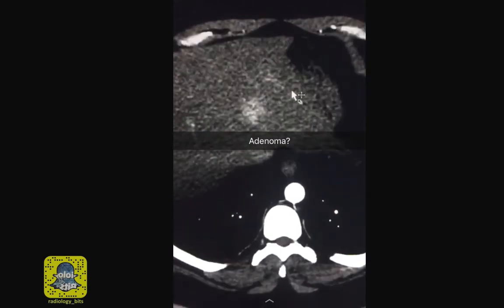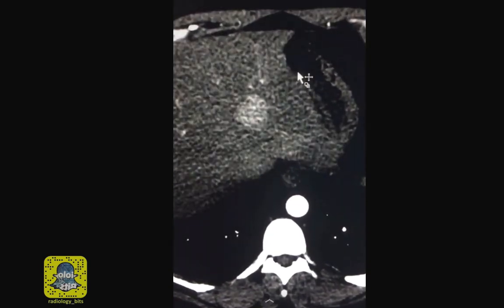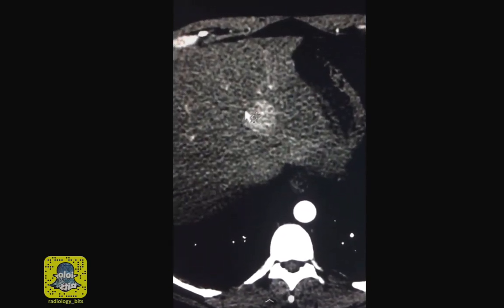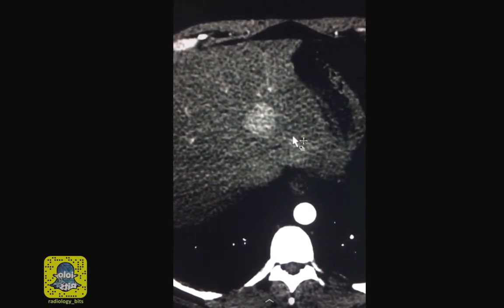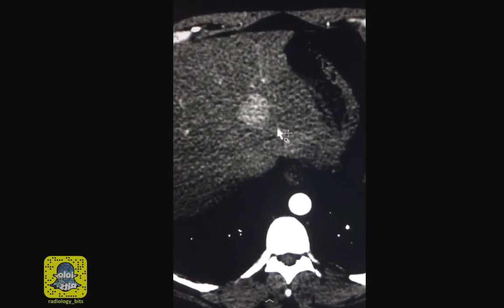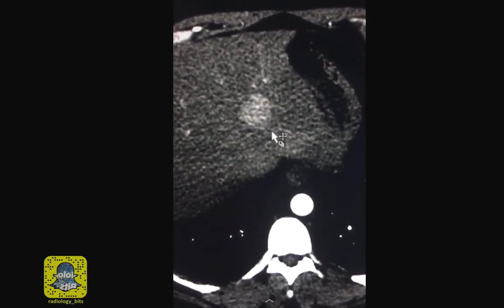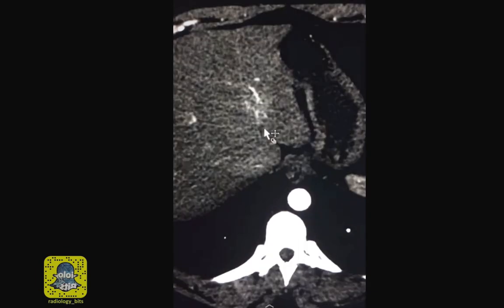Another hypervascular entity that you may think of is a hepatic adenoma. Although hepatic adenomas may be small, they're typically large and heterogeneous because of hemorrhage, necrosis, and sometimes calcifications. They're not the most common hepatic lesions that you'd see, but they're typically seen in a specific subset of patients.